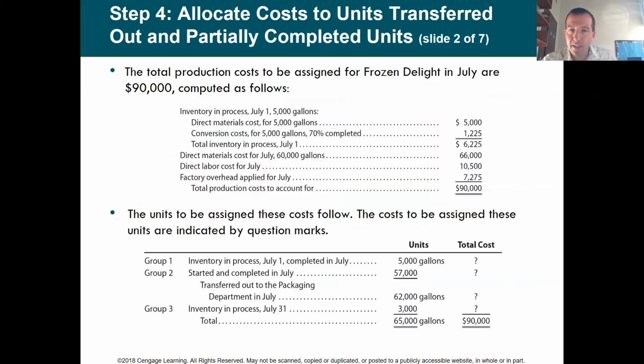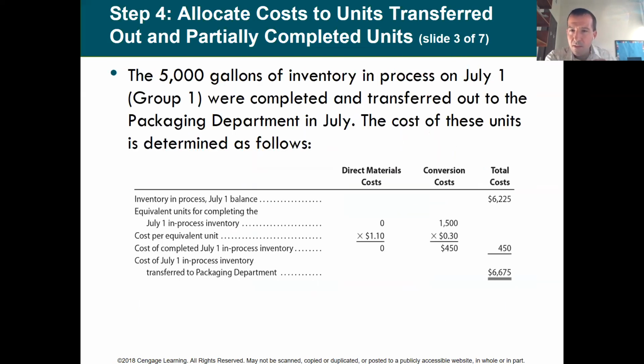Step 4, we have to allocate the cost, right? My beginning cost is 6,225. So I begin the month at 6,225, and this is from my June balances. On the material side, on the beginning balance, I was 100% complete in June, so there's no cost to assign in July.